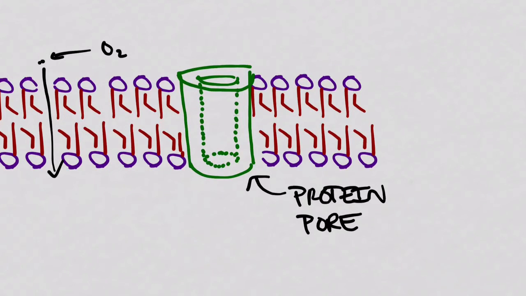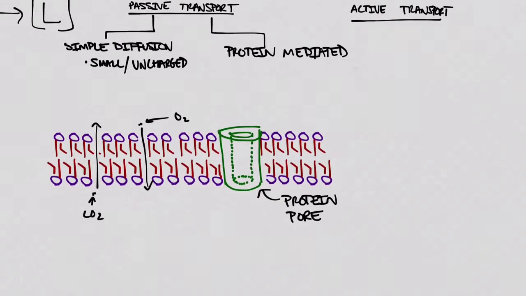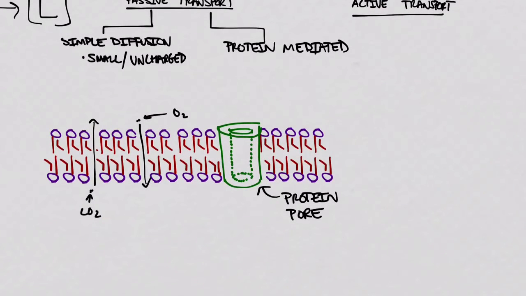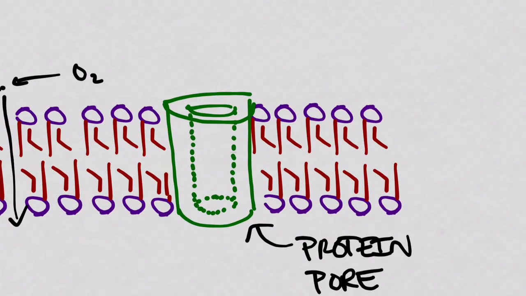This protein pore is going to allow larger molecules or charged molecules to move through the membrane. For example, let's say we have a molecule of sugar, which is much larger than O2.